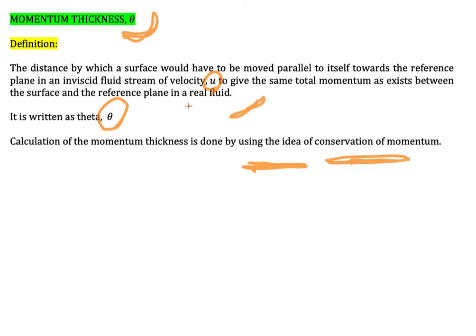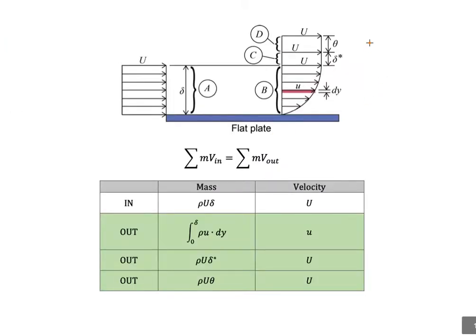If we calculate this by using this idea, we just add another layer here, and the thickness is theta. The calculation is almost the same. We must calculate the total momentum before it enters the flat plate, and then the total momentum on the flat plate.